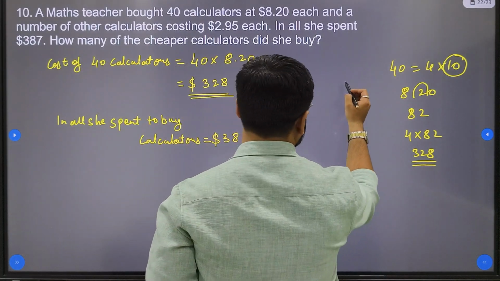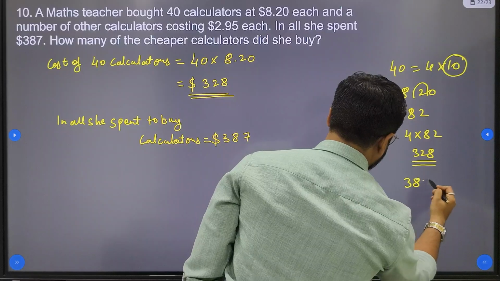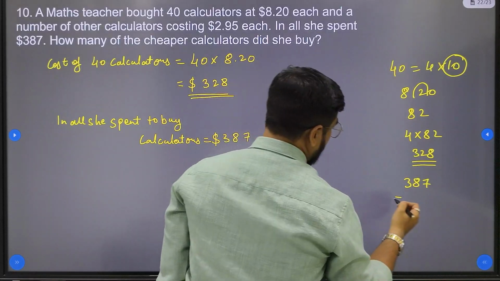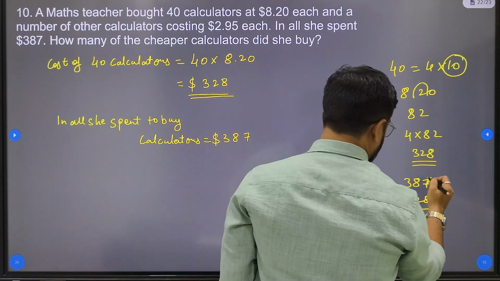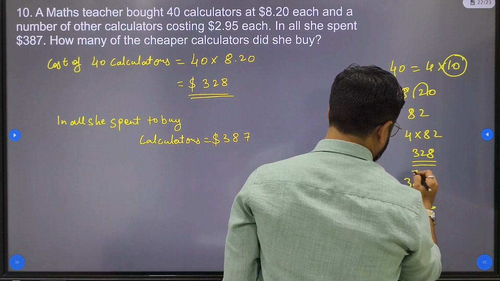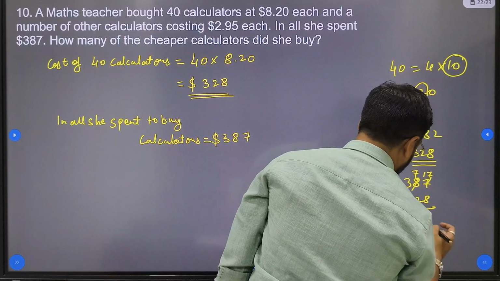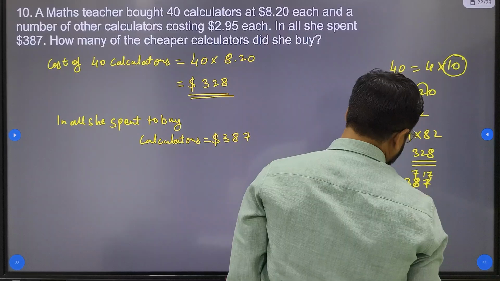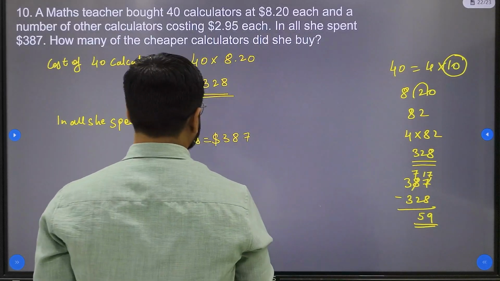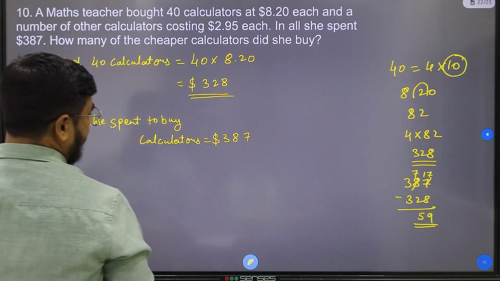So let's do the subtraction. 387 minus 328. 17 minus 8 is 9, 7 minus 2 is 5, 3 minus 3 is 0. She is left with $59.